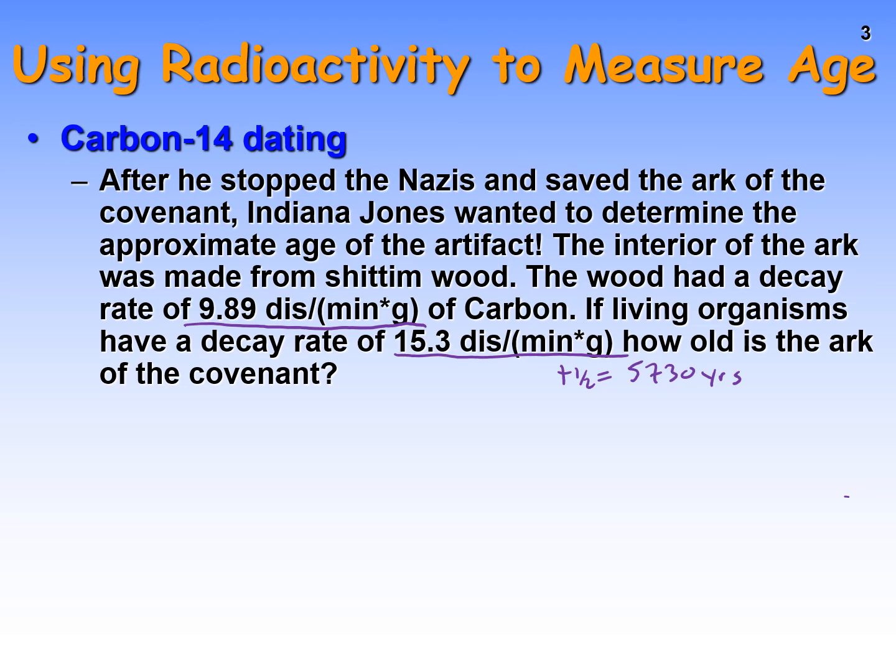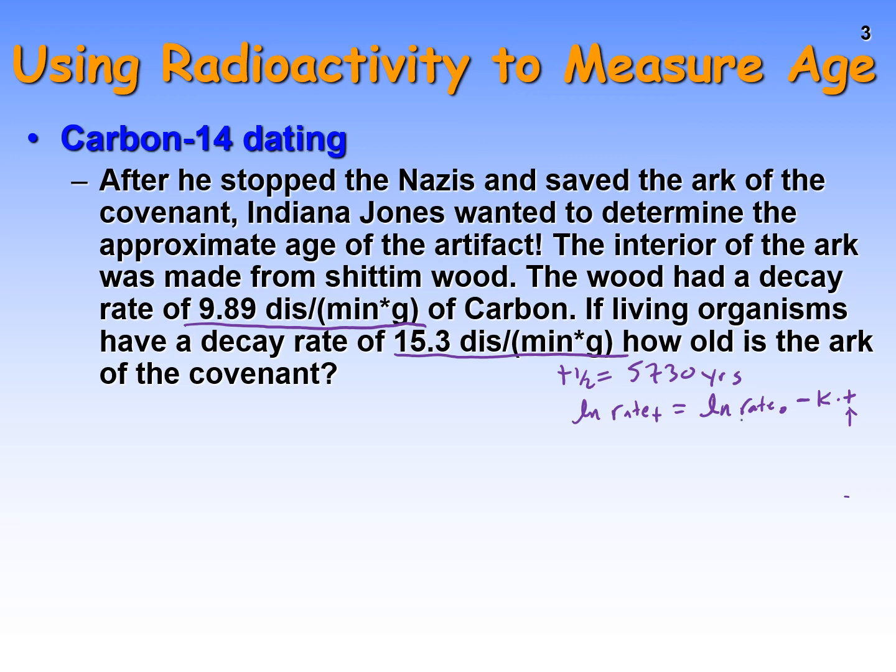We also need the first order integrated rate law, right? So the natural log of rate at time t is equal to the natural log of rate at time initial minus kt. And so we're going to try to solve for t here.